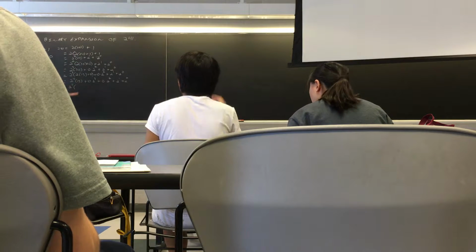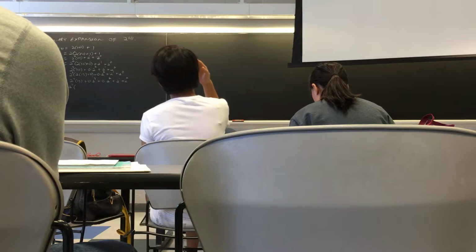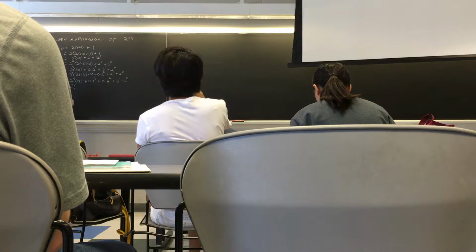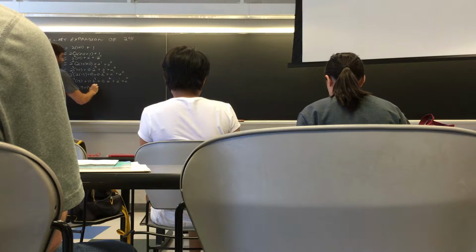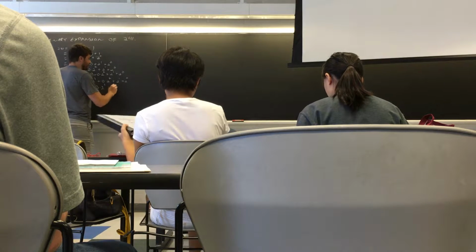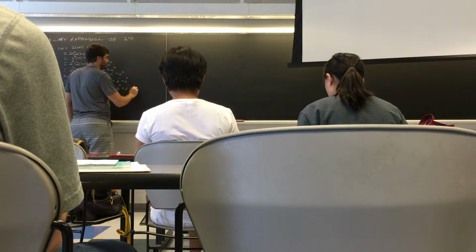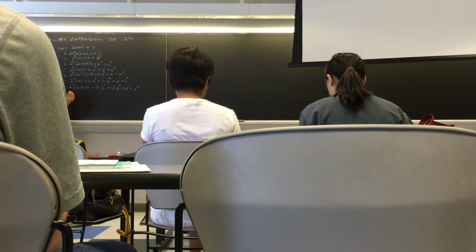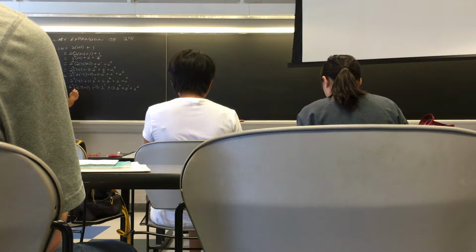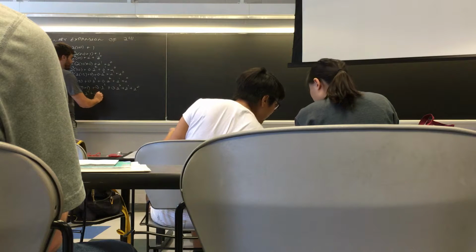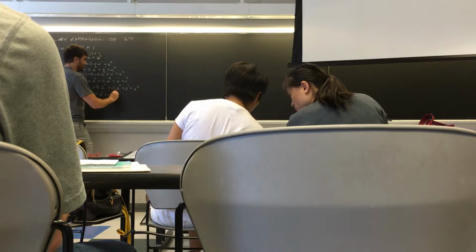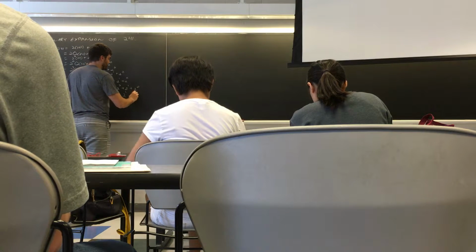This is just a justification for why you can just read these numbers off. 2 to the 4 times 2 times 7 plus 1 plus 0 times 2 cubed plus 0 times 2 squared plus 2 to the 1 plus 2 to the 0, which is 2 to the 5th times 7 plus 2 to the 4th plus 0 times 2 cubed plus 0 times 2 squared plus 2 to the 1 plus 2 to the 0.